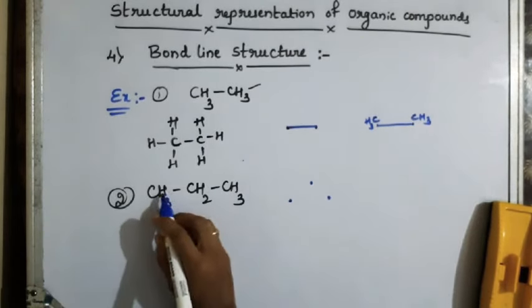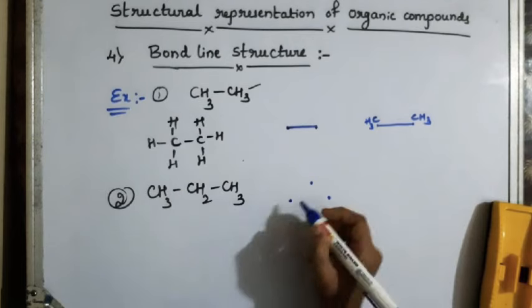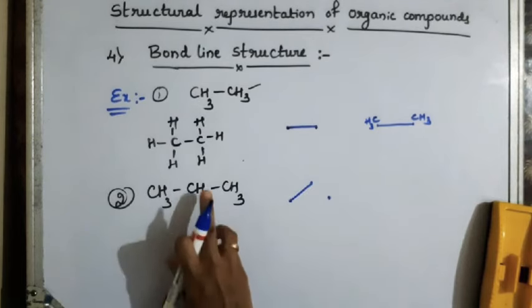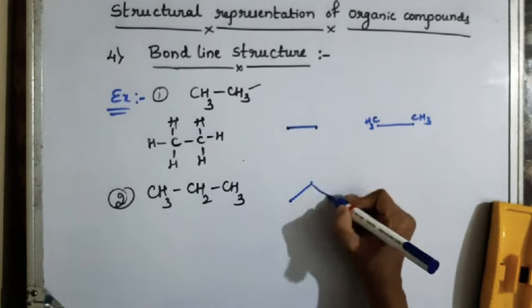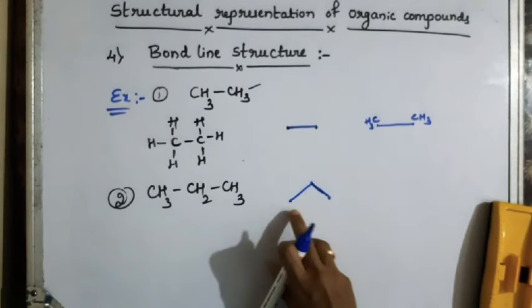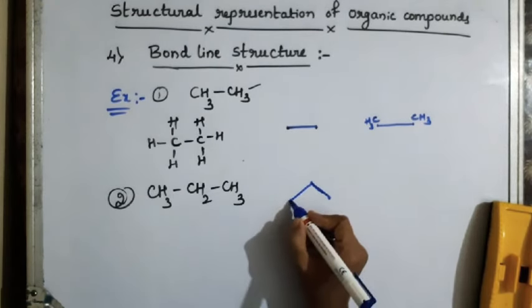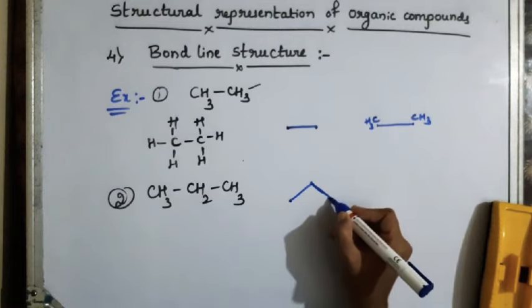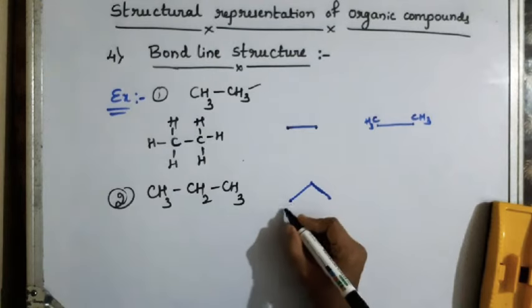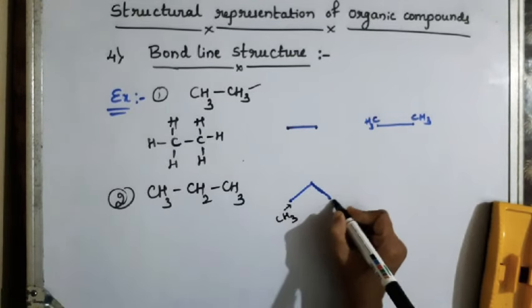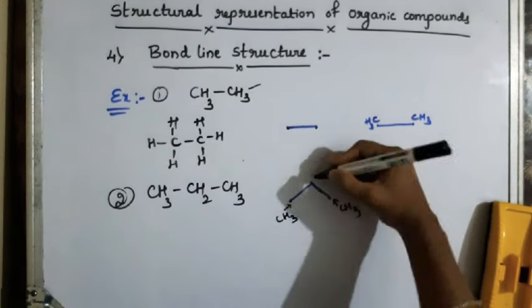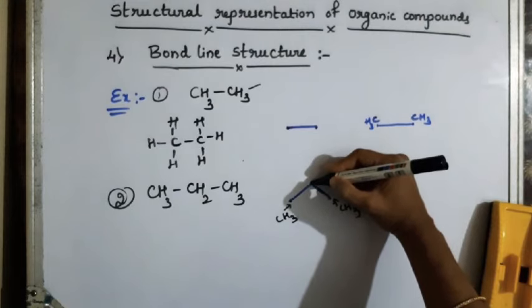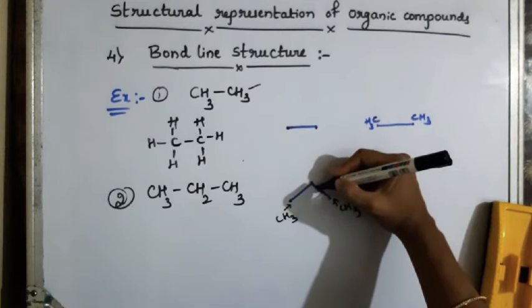Now what is the bond between the first and the second carbon? It is a single bond. Second and third carbon, single bond. So this free end, the terminal end, shows the presence of CH3. This is the terminal end, it shows the presence of CH3. And at the center, we have a carbon atom which is connected by 2 bonds to 2 carbon atoms.